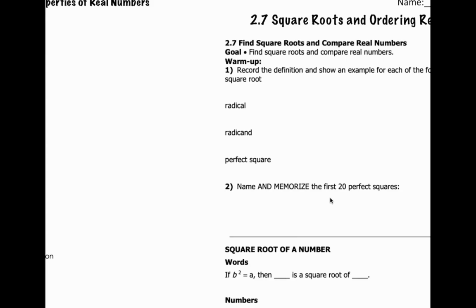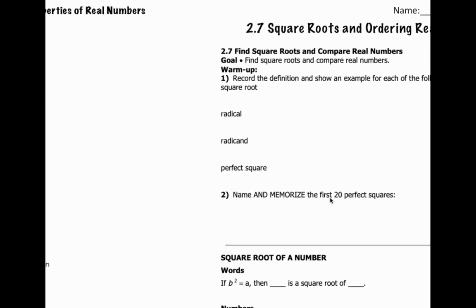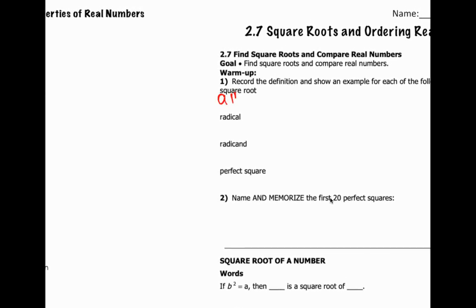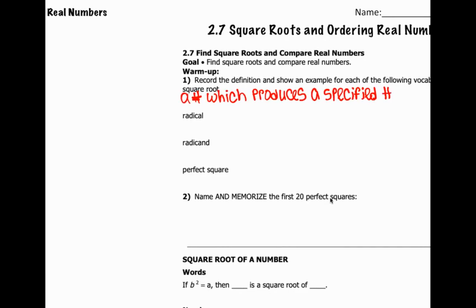So a square root is a number which produces a specified number when multiplied by itself.